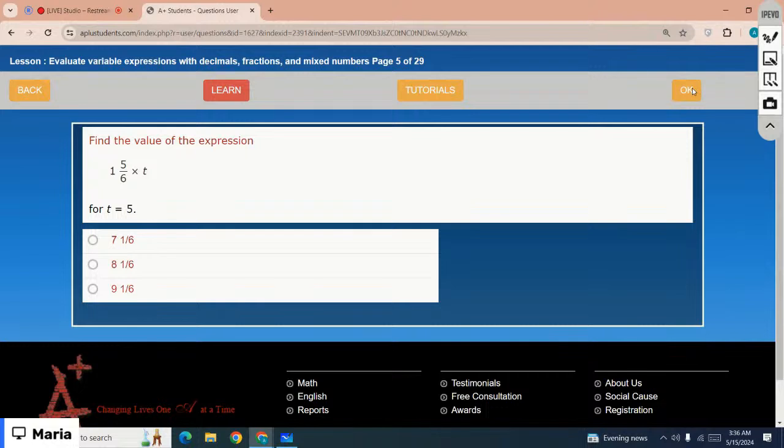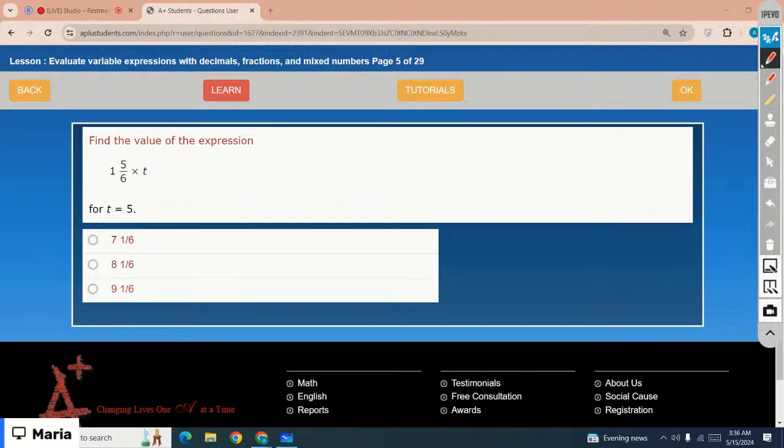Okay, I will explain again this example, right? Just listen to me carefully. 1 whole 5 over 6 times t, and t is 5, right? That is 1 whole 5 over 6 times 5. So 5 has the denominator 1. You have to convert this mixed fraction to an improper fraction. How do we convert? You always multiply denominator times whole number, 1 times 6, and you need to add the numerator.